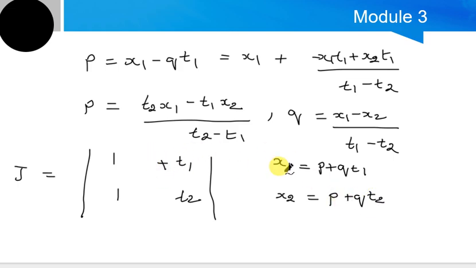So when I differentiate this, dou x1 by dou p value is 1, dou x1 by dou q value is positive t1, dou x2 by dou p value is 1, and dou x2 by dou q value is t2.